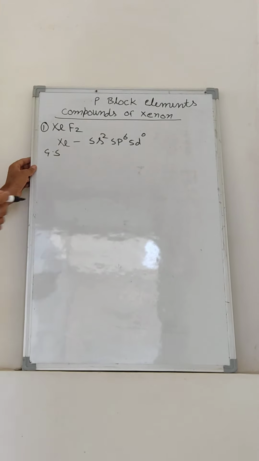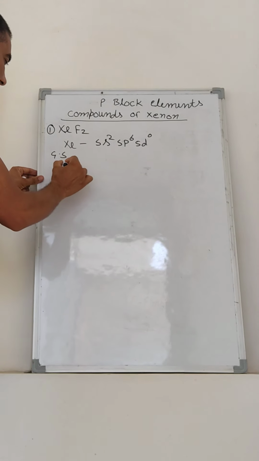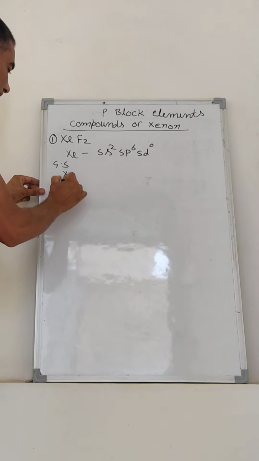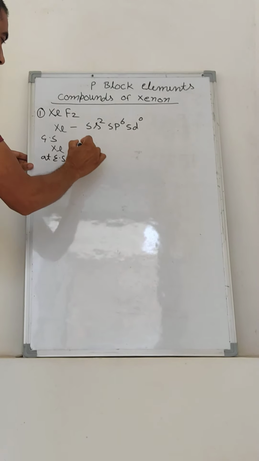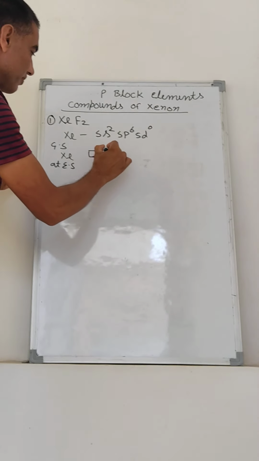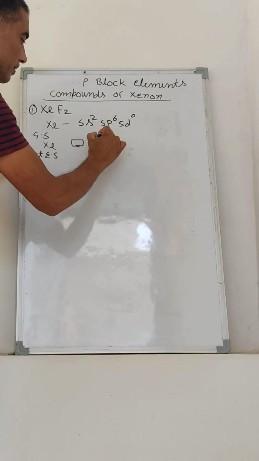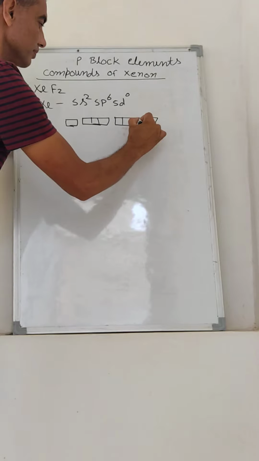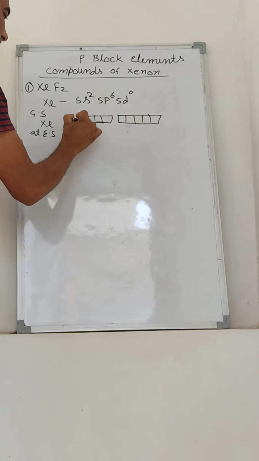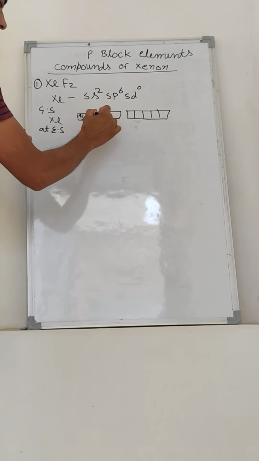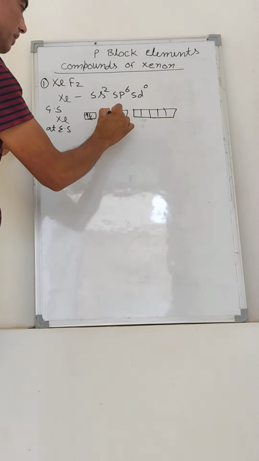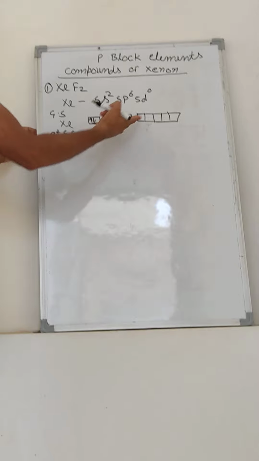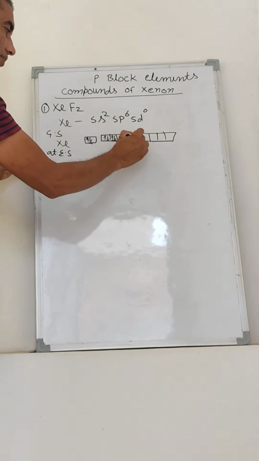After that, we write the excited state electronic configuration of xenon: 5s2, 5p5, 5d1. One electron is excited from the p atomic orbital to the d atomic orbital.